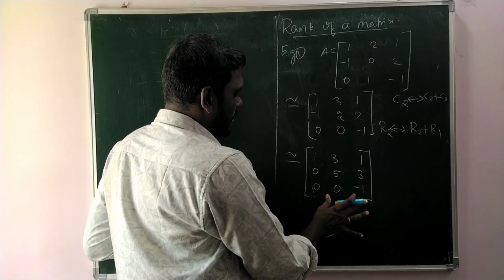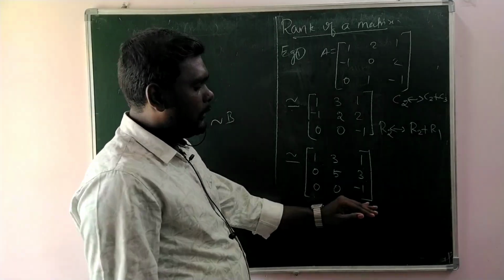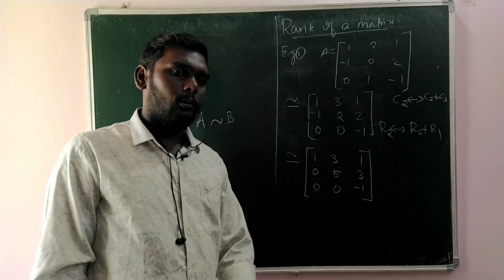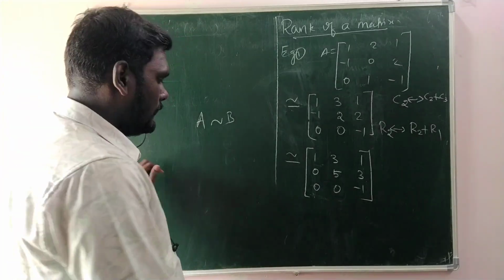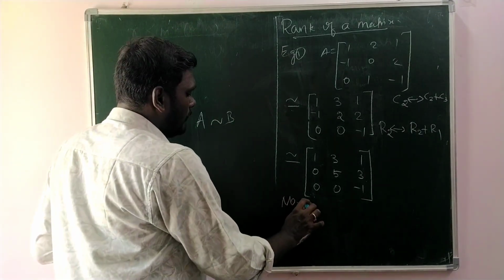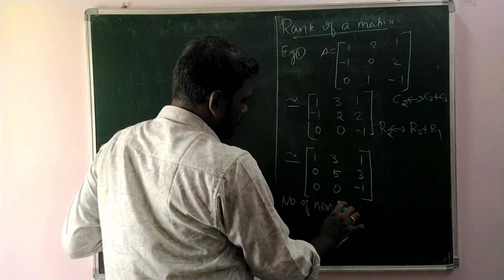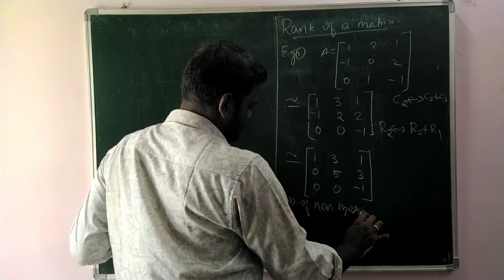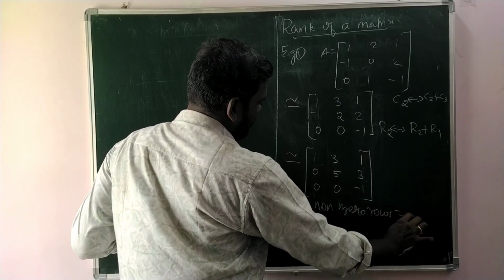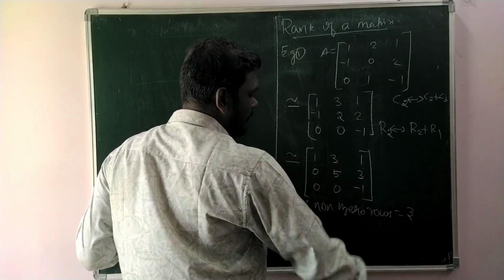In this echelon form, how many non-zero rows are there? That is our rank. So here the number of non-zero rows is what? 3 rows are there.